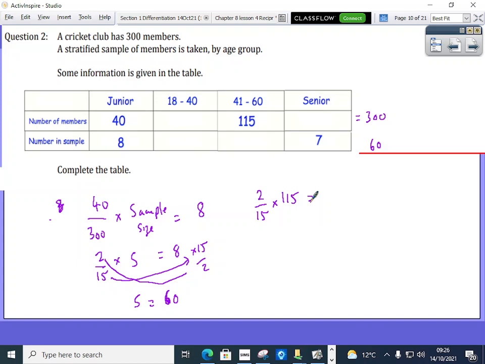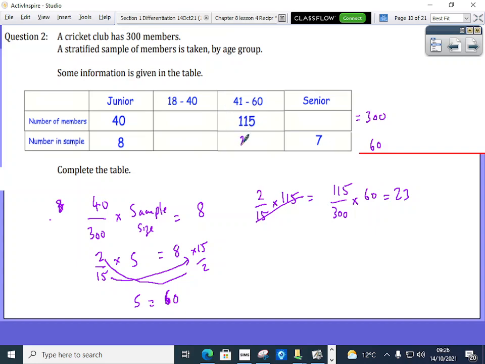Sorry, I should have done 115 shared by 300, then multiply that by 60. That is the sample size I want. So 115 shared by 300, multiply that by 60, I'll get 23.